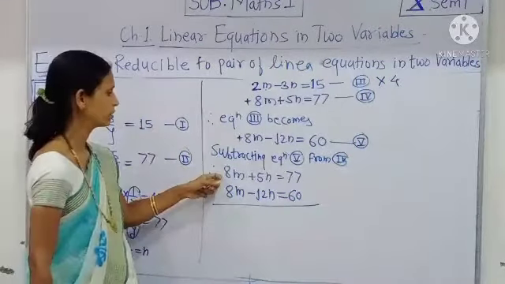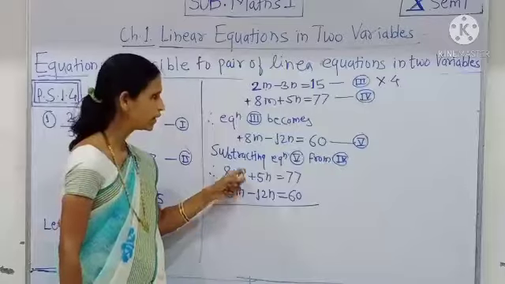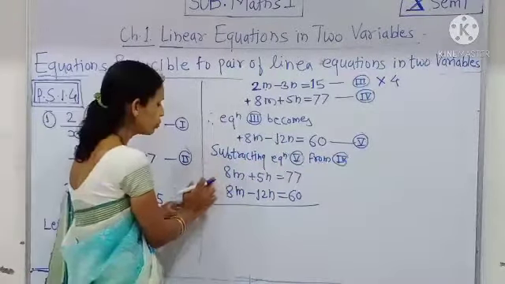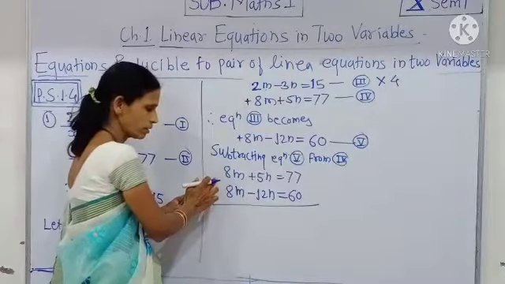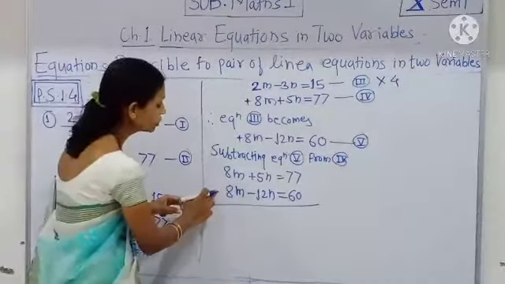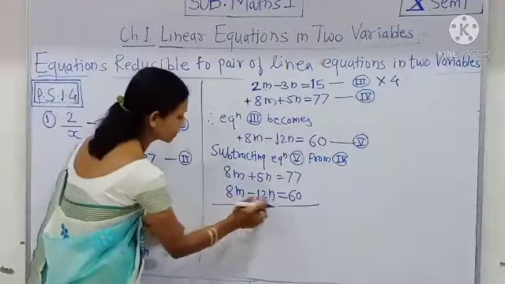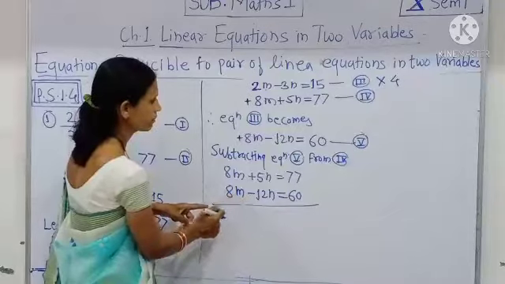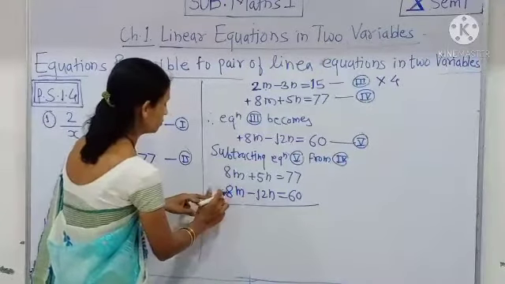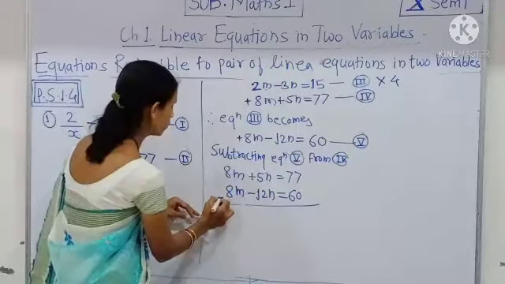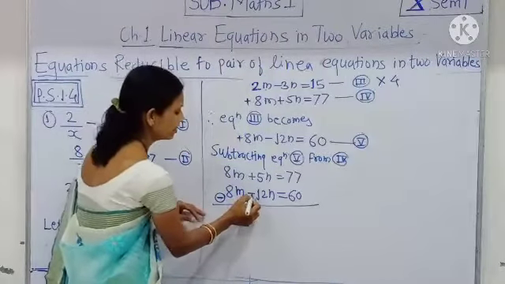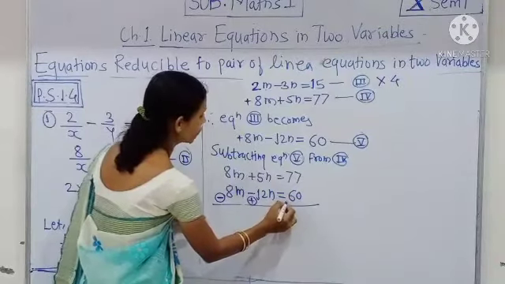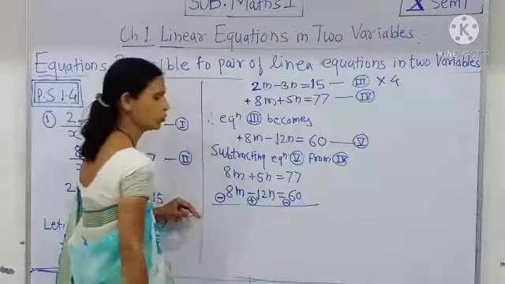Then see here, subtracting equations from each other, we should not write a negative sign here, but we have to change the signs of each term of the next equation, that is the fifth equation. Here plus sign is there, therefore it is minus. Minus is there, so plus, and the sign of 60 is plus, therefore it becomes negative.